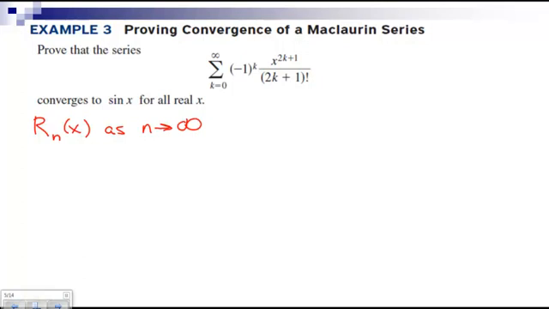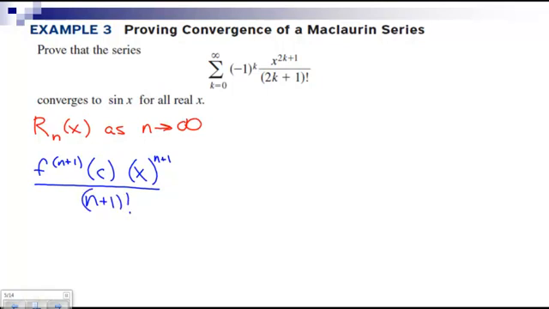Well, let's start by what we just defined r sub n to be. R sub n, we said, is the n plus 1 derivative at some number c, multiplied by x minus 0, which I'll just write as x, to the n plus 1 power, all over n plus 1 factorial.